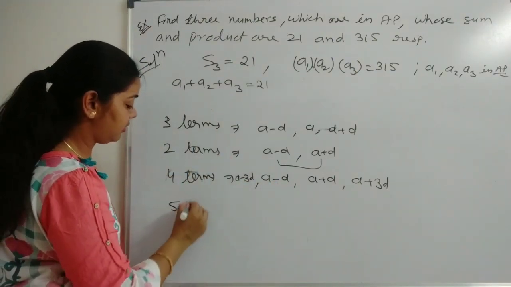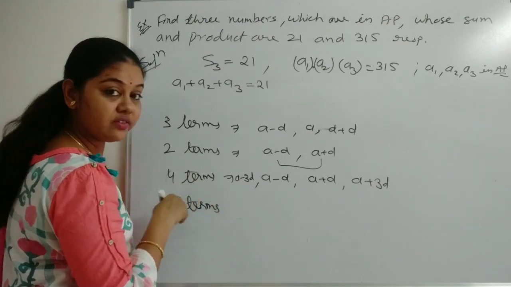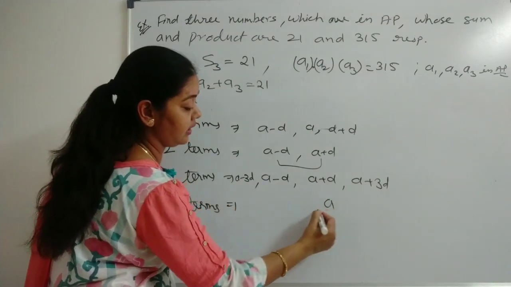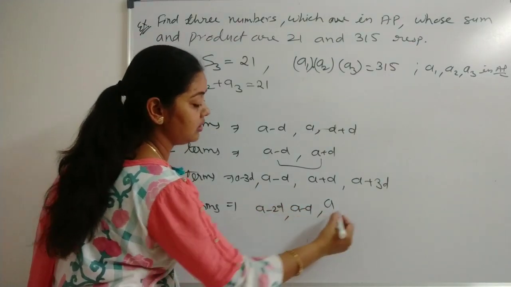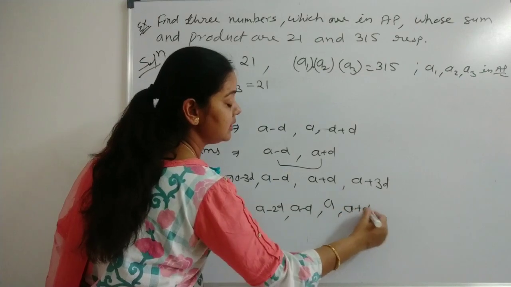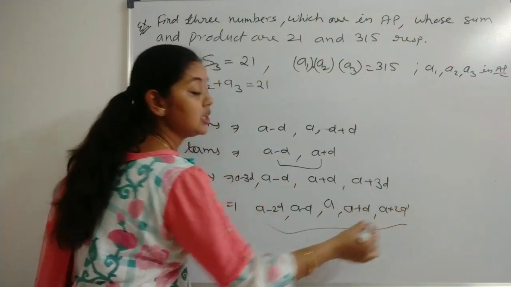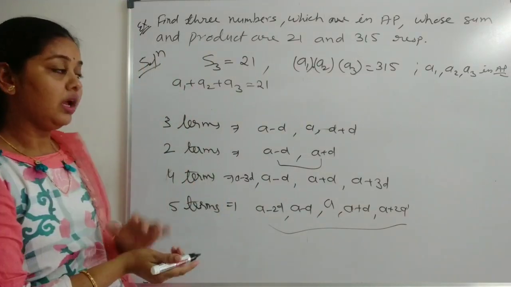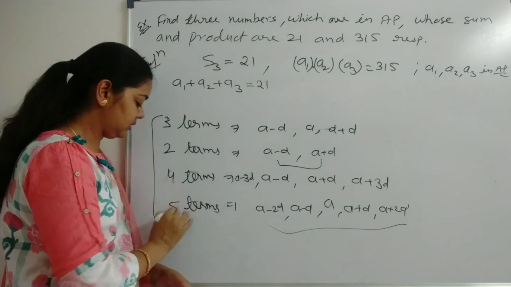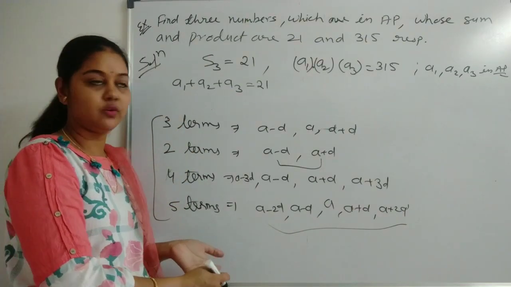If we need to take five terms, then I can take A minus 2D, A minus D, A, A plus D and A plus 2D. In this case, the common difference is D. Okay? If we let the terms in this way, the simplification will be easier for us.